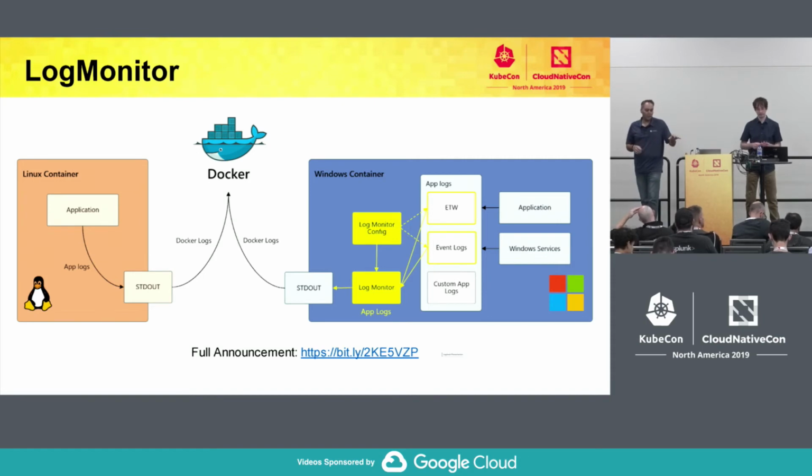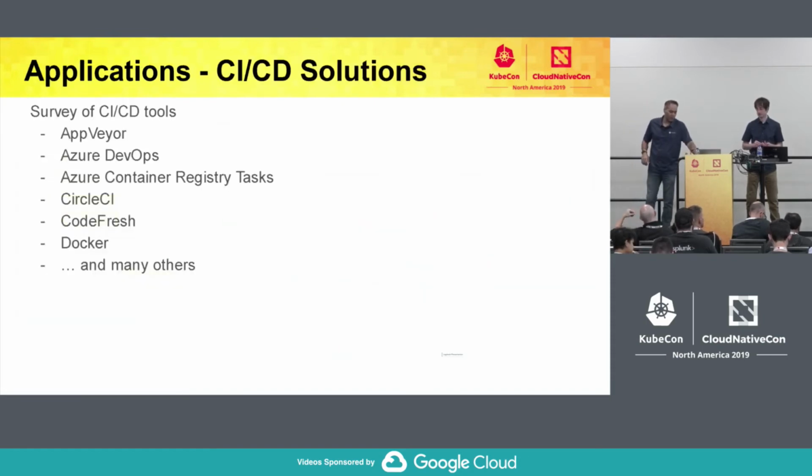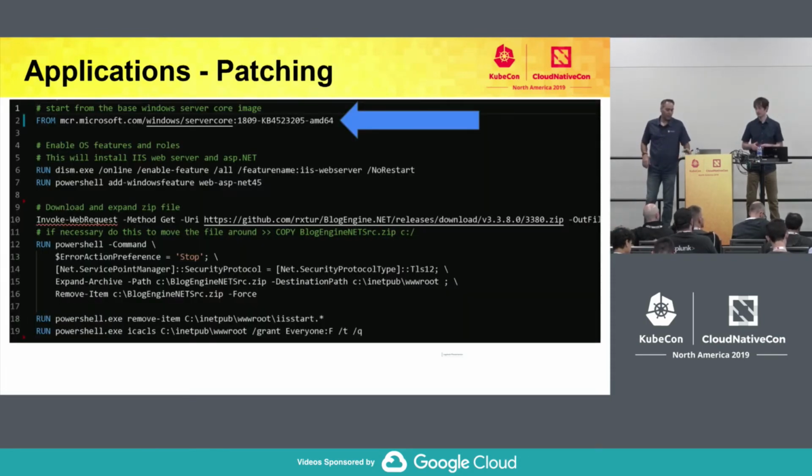One of the things that's very important to note here is if we go back to this diagram, I can very efficiently and with a high degree of confidence change that first line to a different patch of Windows. And I'm confident that a lot of the rest of the steps are going to work the same. Windows is backwards compatible at the API layer, at the .NET layer.